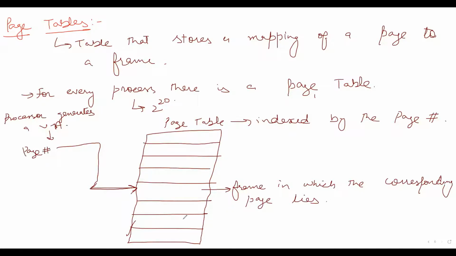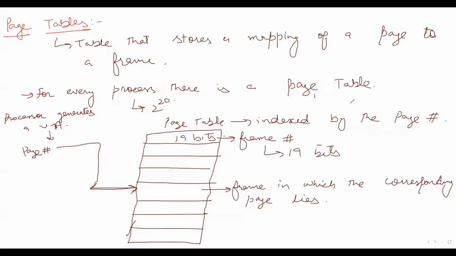So every entry in the page table stores the frame number. Let's suppose our frame number is of 19 bits, then every entry will store 19 bits. And we know that every process has its own page table.